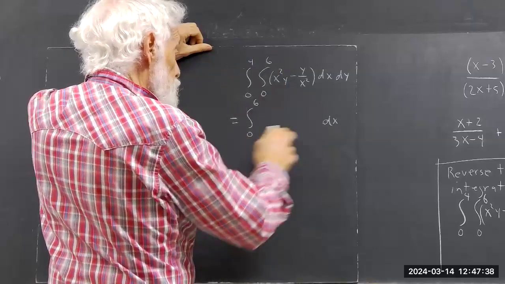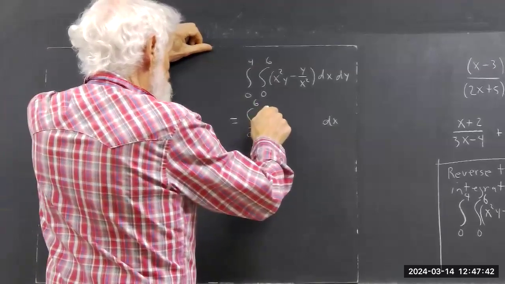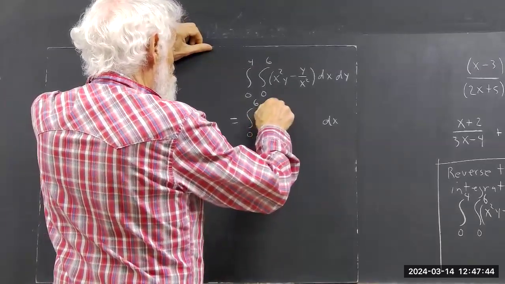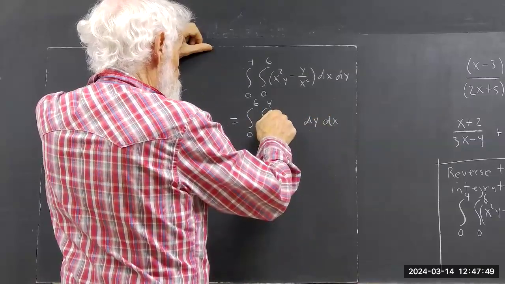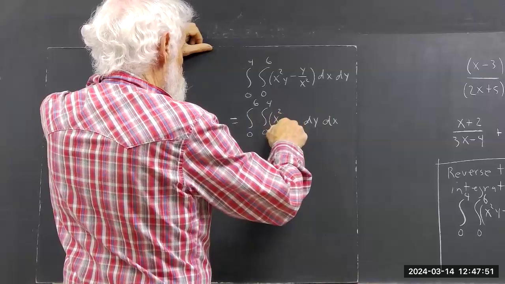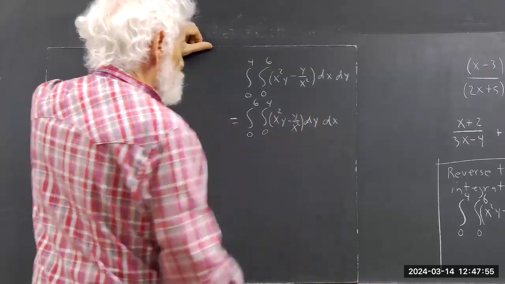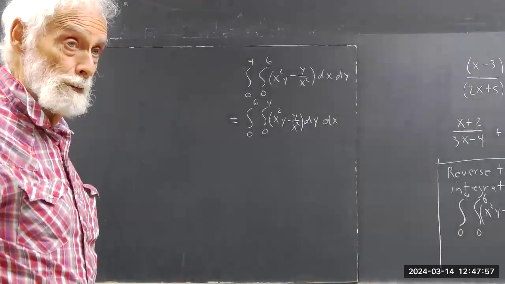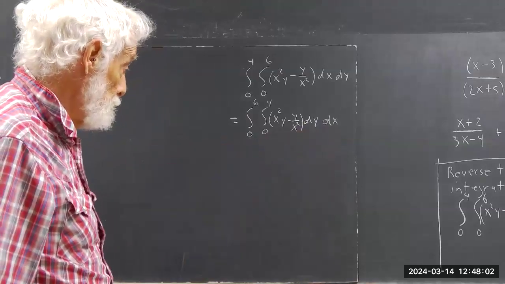So you better integrate with respect to x from 0 to 6. And then you integrate with respect to y from 0 to 4. And your expression that is involved with the partitioning of your interval doesn't change. It's only the partitioning of the interval, the way in which you see the partition.